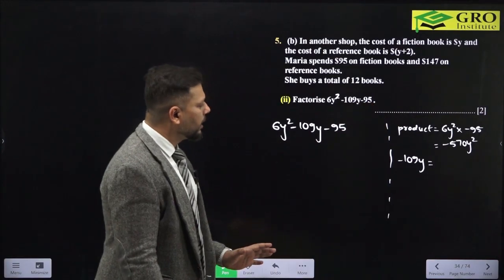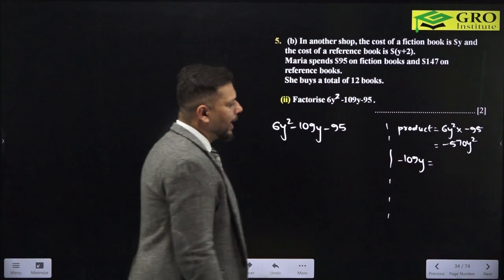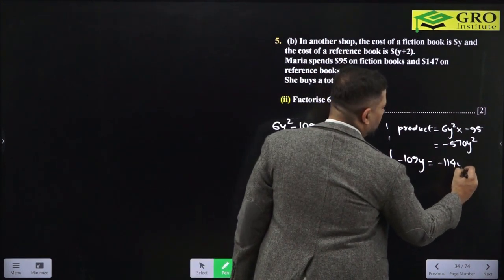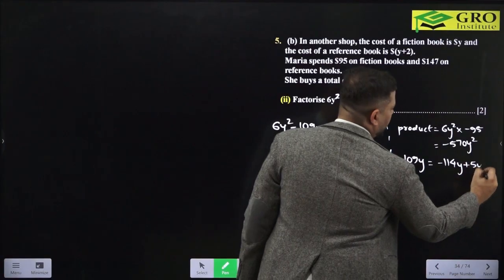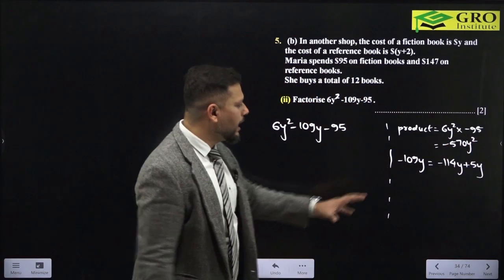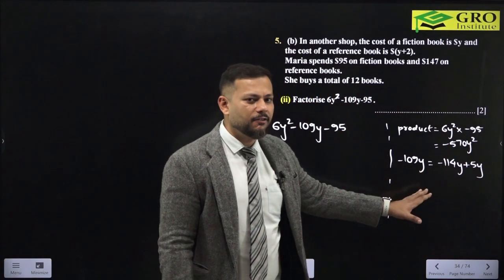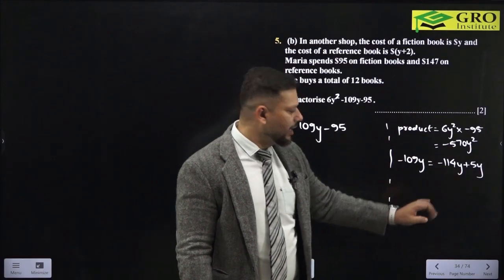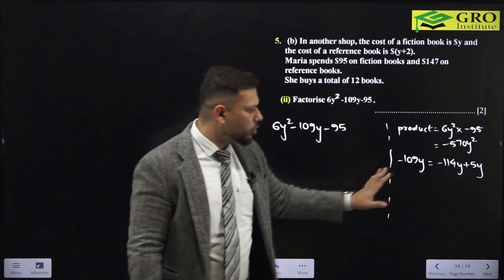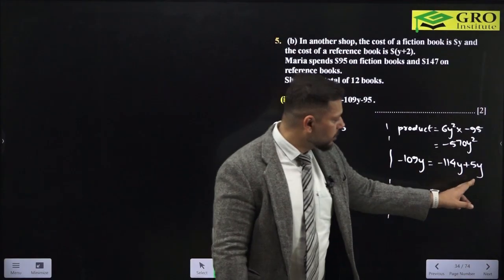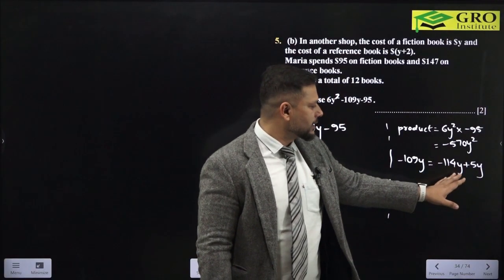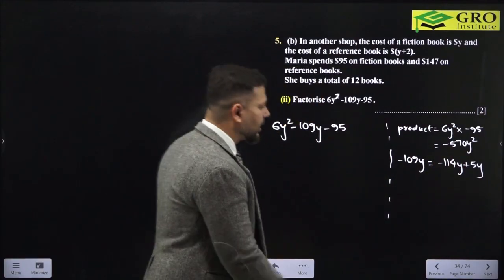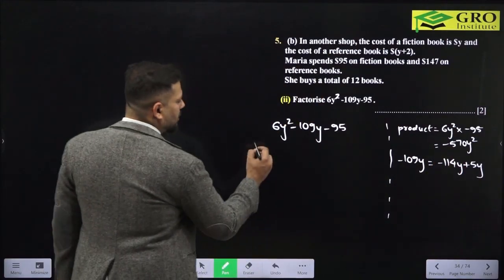So if I look at 109y, I can write it as minus 114y plus 5y. Have a look. If I write minus 109y as minus 114y plus 5y, the difference will be minus 109y only, and the product, you will be amazed to see, is simply equal to 570y square with a negative sign. So that is what is going to be the splitting.